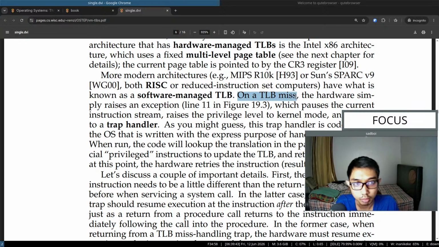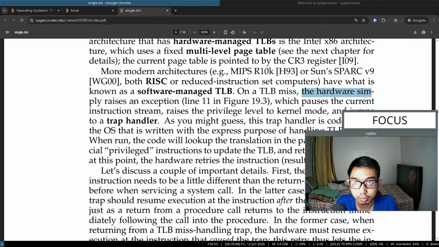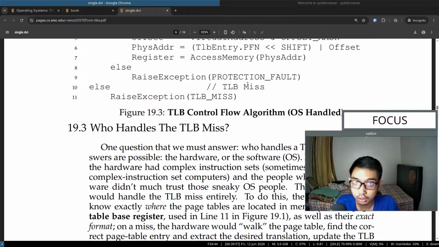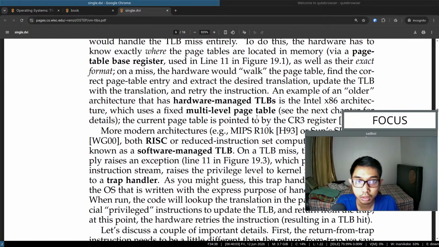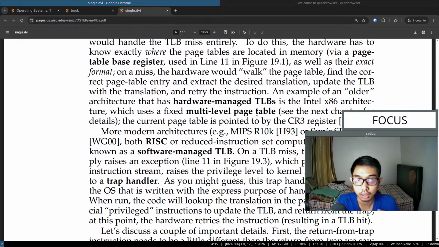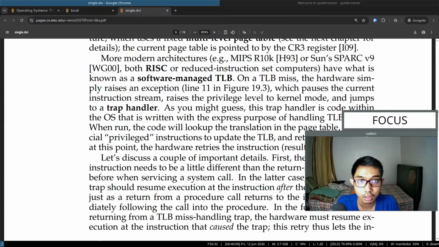On a TLB miss, or translation look-aside buffer miss, the hardware simply raises an exception, line 11 in figure 19.3, which pauses the current instruction stream, raises the privilege level to kernel mode, and jumps to a trap handler. So we are context switching to kernel mode.